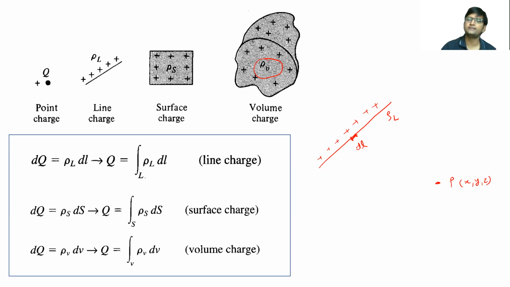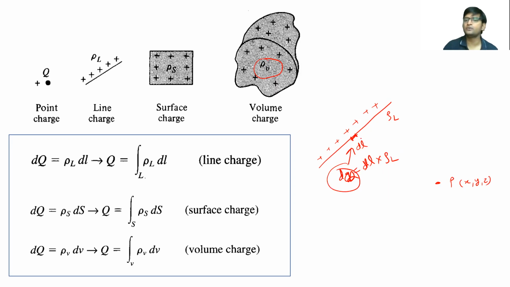Let me call the charge at this dl as dq. So dq will be nothing but dl multiplied by rho L. So this is the charge dq.